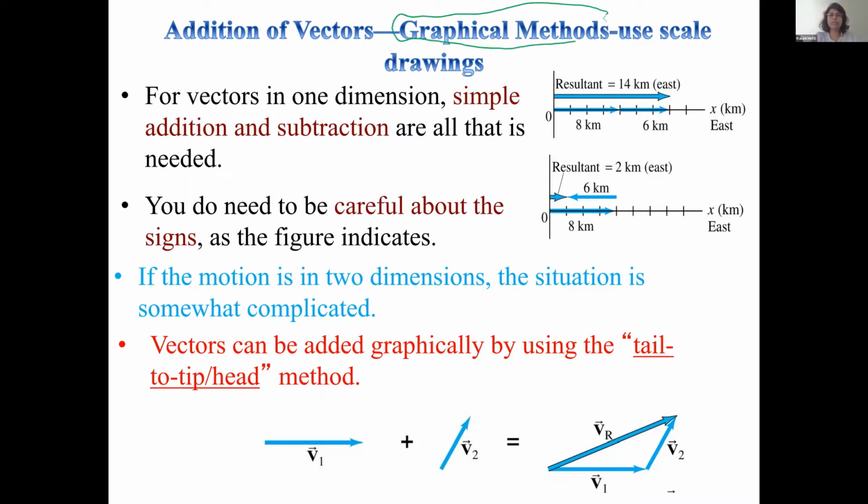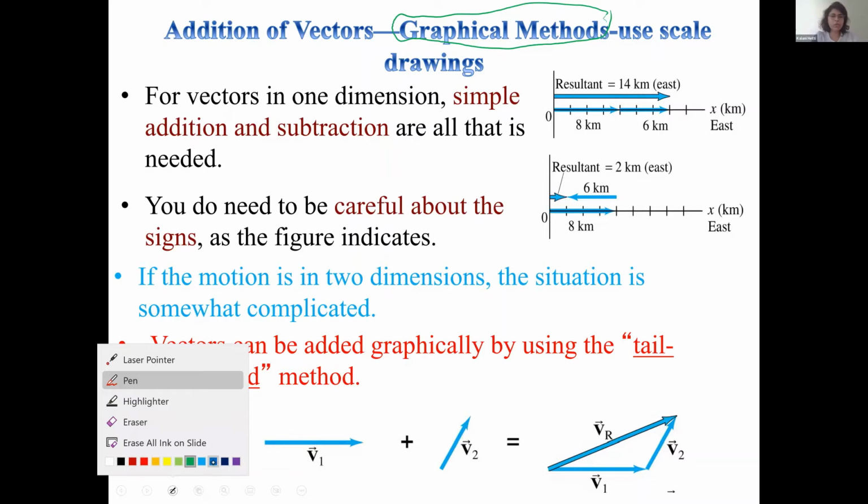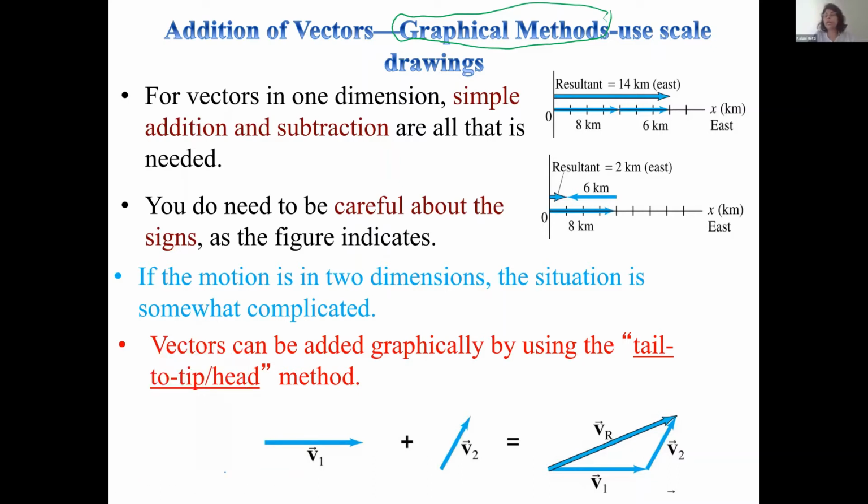Graphical means basically I need drawing tools to do that method. In the experiment laboratory, you're going to experience exactly drawing using the graphical method, with a ruler and a protractor. But here we're just going to understand the cartoon of how we can do the graphical method.